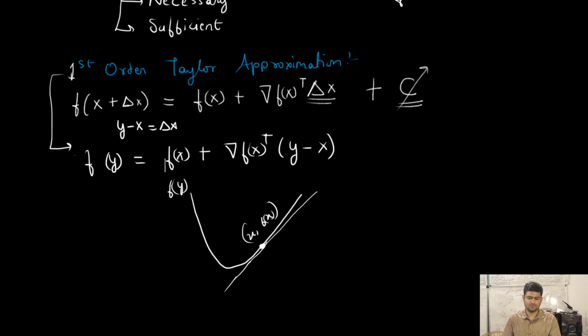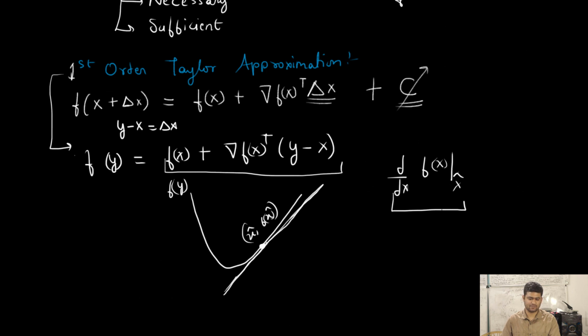This function represents this line. In the scalar case, the slope of this line is given by the derivative of the function, d by dx of f at point x. Let's consider this point is some x hat and f of x hat. The slope of this line is given by the derivative of the function, right?